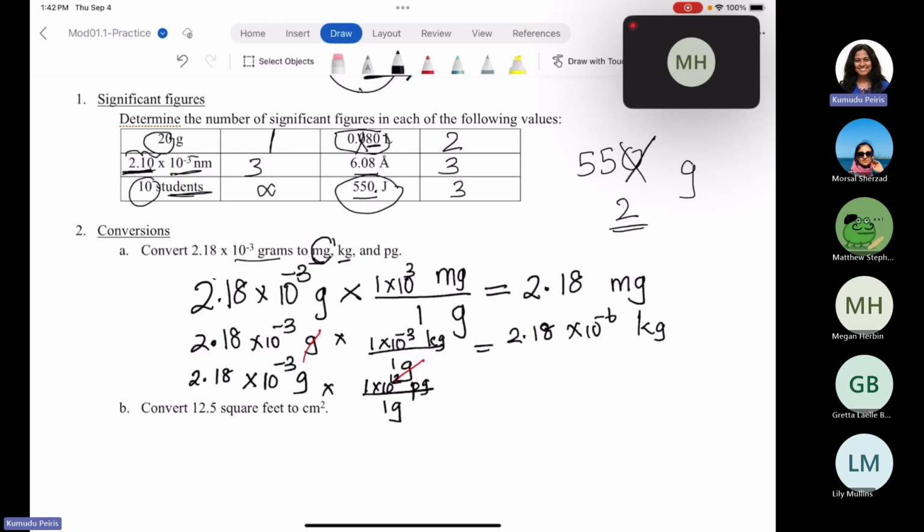So again, grams to grams cancel out, and we'll get the answer in picograms. So the answer will be 2.18 times 10 to the ninth picograms. Right. So you'll get the conversion.